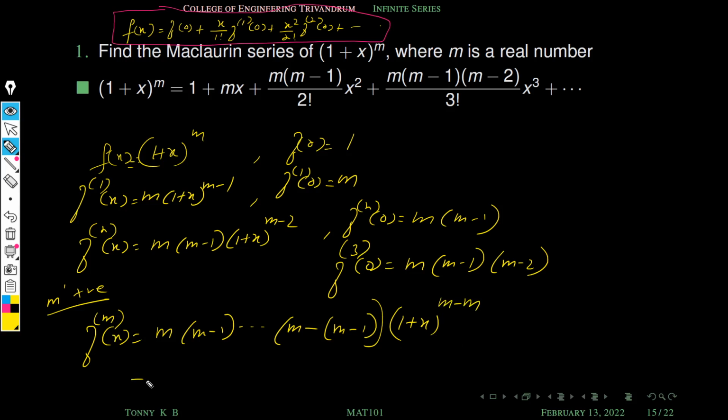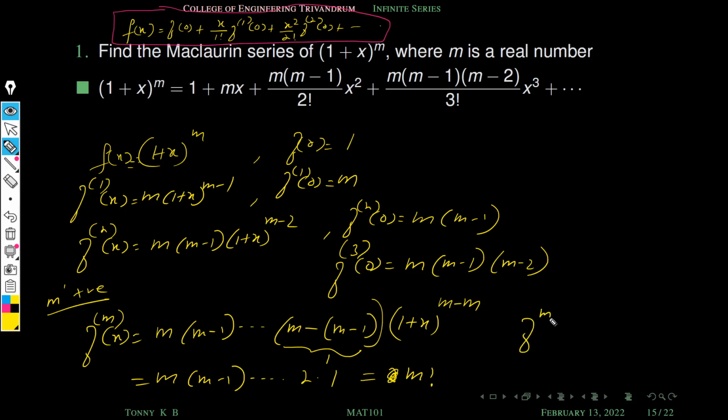So the mth derivative becomes m into m minus 1 and so on. And what about m minus m minus 1? This is 1. It is decreasing up to 2 into 1, and this is nothing but m factorial. So if m is a positive integer, then fm of x is equal to m factorial.